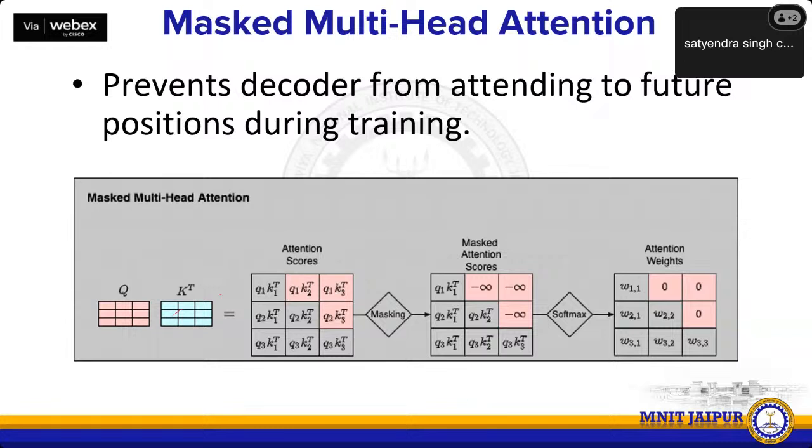Auto-regressive generation means that when we are generating the kth token, the decoder should only attend to the tokens up to k minus 1, not the future ones.